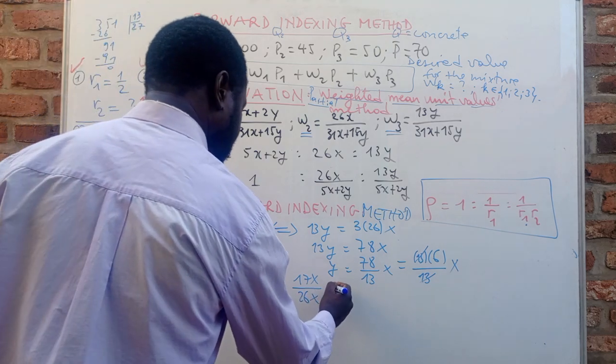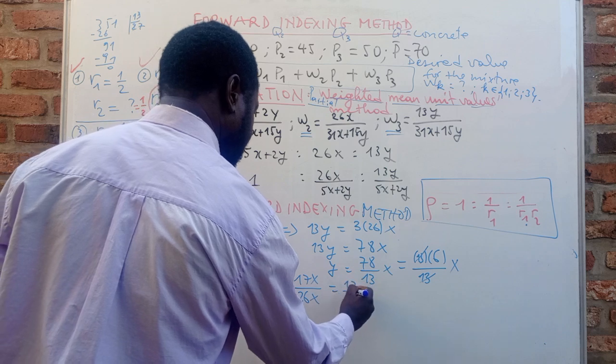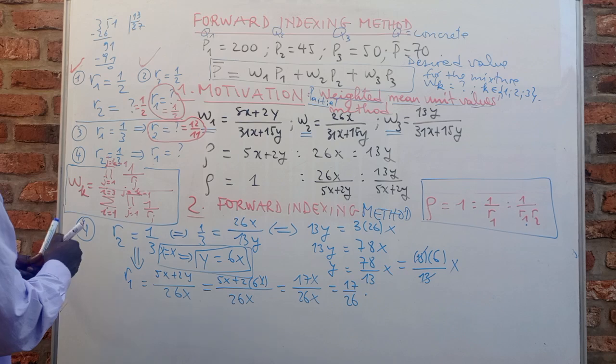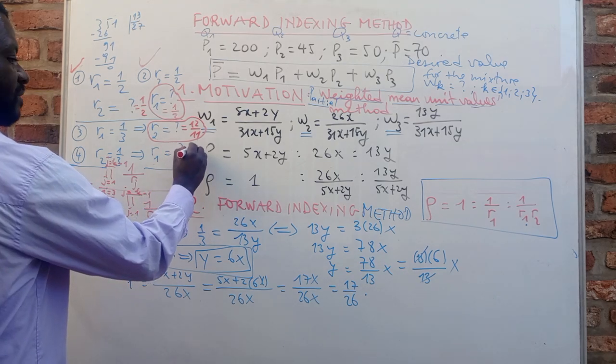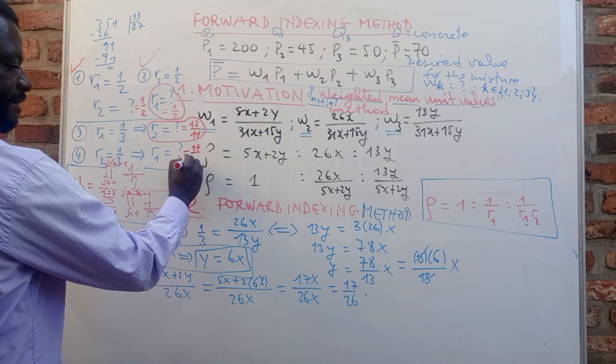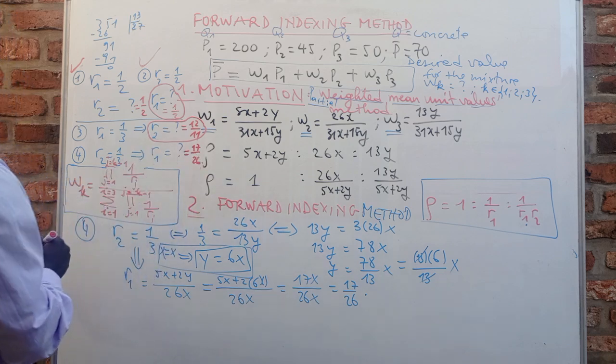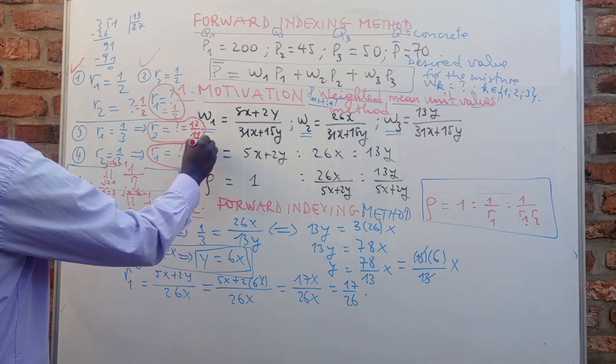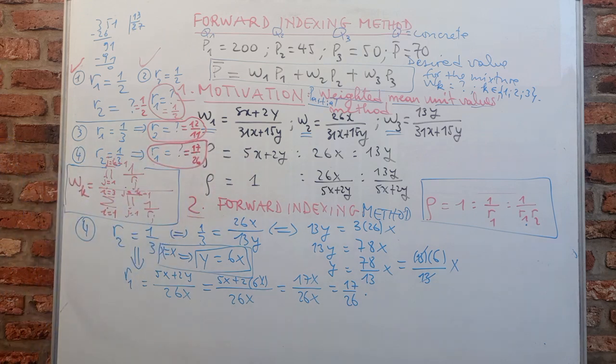So now this is like 17 over 26. Okay, that is the result, 17 over 26. Now here, this is the answer for question 4.